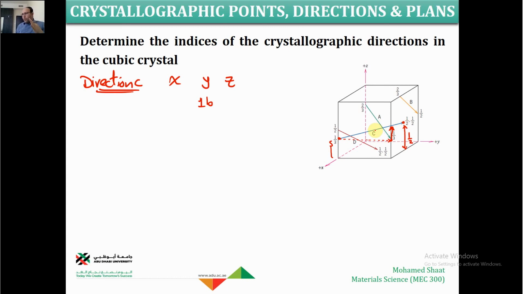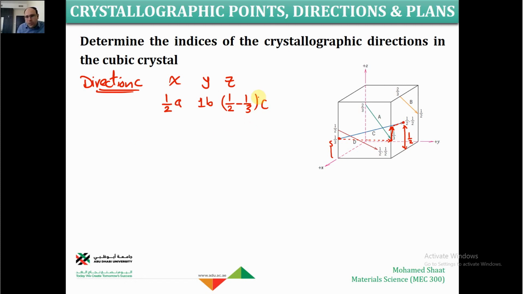We should have 3 movements, parallel to y, then z, then x. You got it? So I move parallel to y 1b. How long are you gonna move parallel to z? You're gonna move the difference between half and 1/3 of c. Then how much distance are you gonna move parallel to x? You're gonna move half of the edge a.